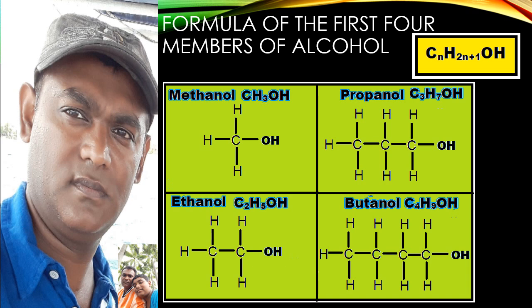The first carbon atom is attached to 3 hydrogen atoms. Second, third, and fourth carbon are attached to two hydrogen atoms respectively, and the fourth carbon is equally attached to the OH group, that is the hydroxy group or the functional group of alcohol.